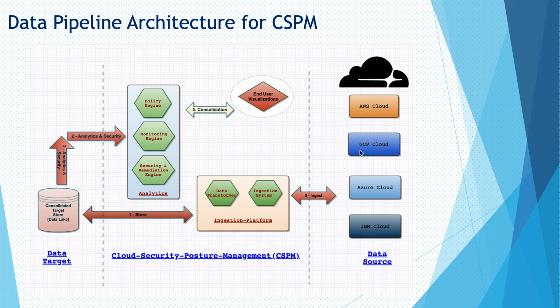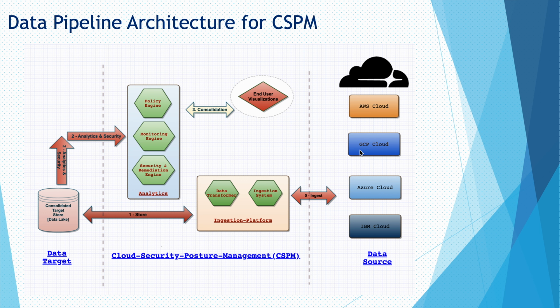To get real-time data, you have to continuously poll the public cloud. If you are going to poll the public cloud, your polling mechanism should be robust enough, and it should not create any rate limit problem. Also, this whole platform which is responsible for the ingestion is called the ingestion platform.